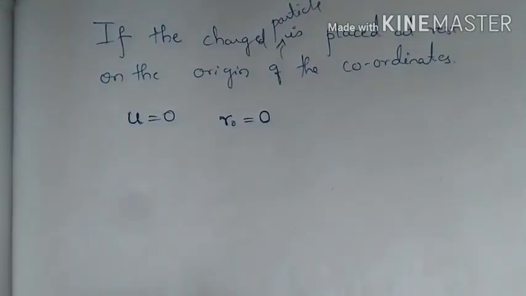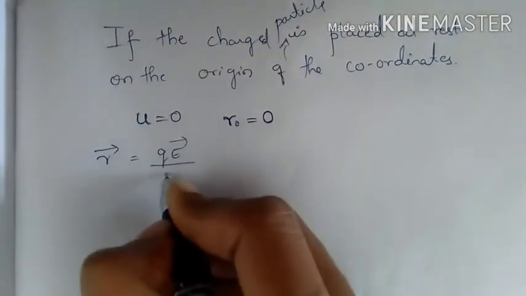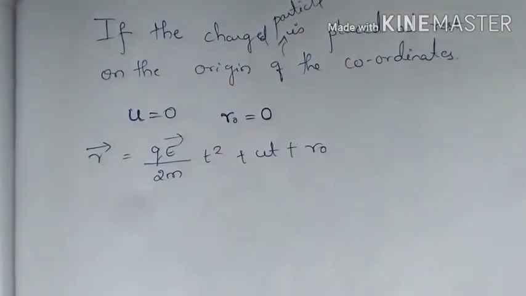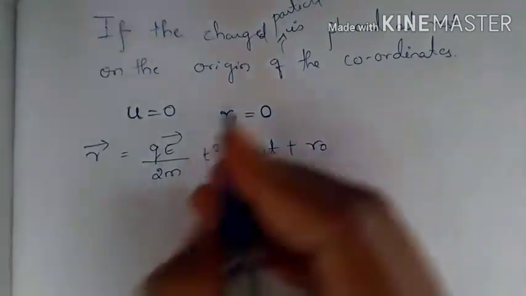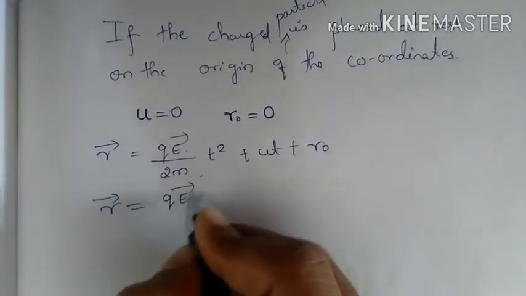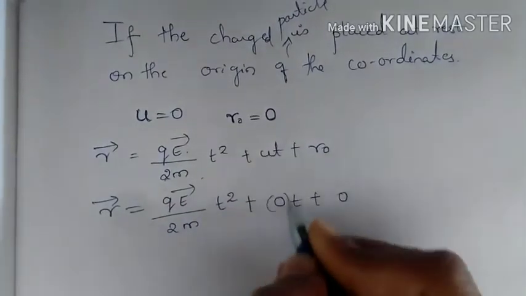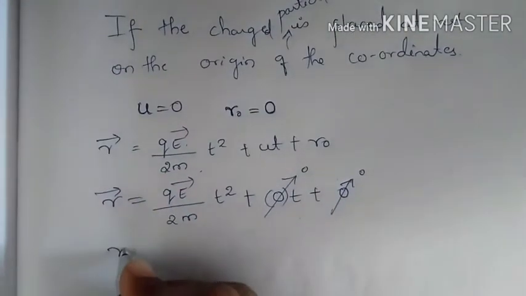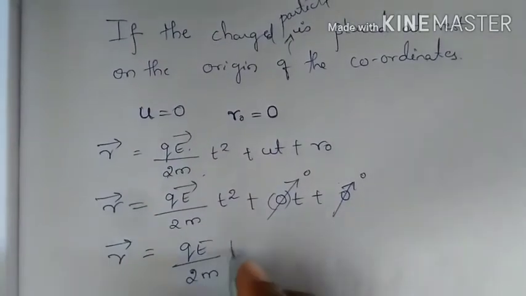Then the last equation which we learnt, r is equal to QE divided by 2m t square plus ut plus r0, becomes r is equal to QE divided by 2m t square plus 0t plus 0. These two terms will get cancelled, so what remains is r is equal to QE divided by 2m t square.